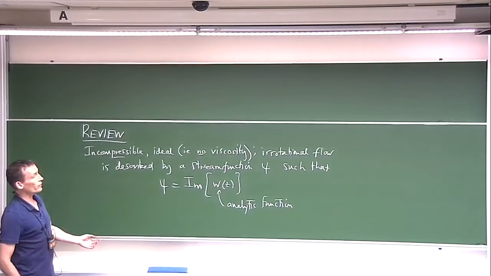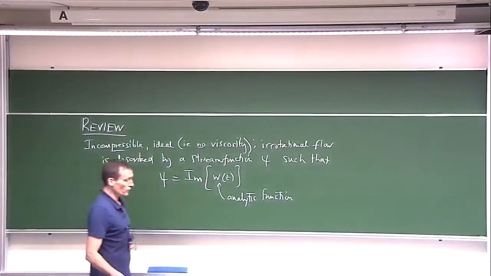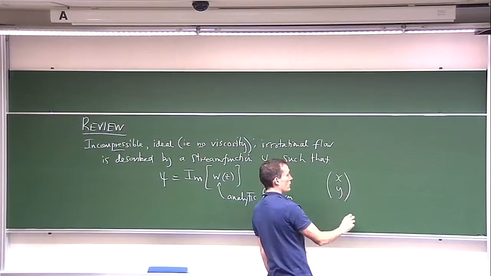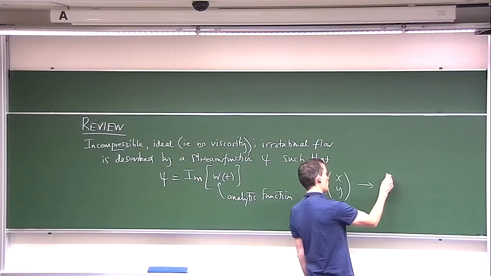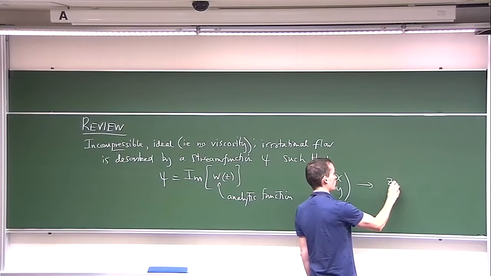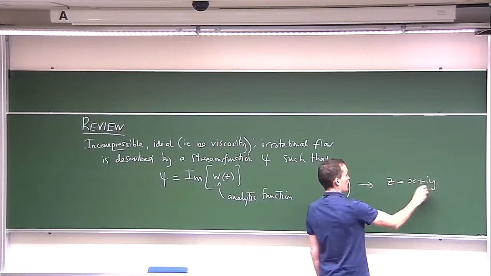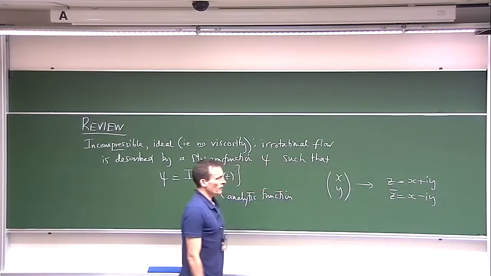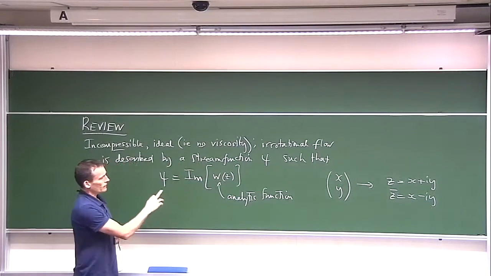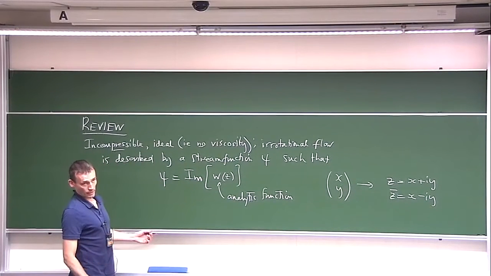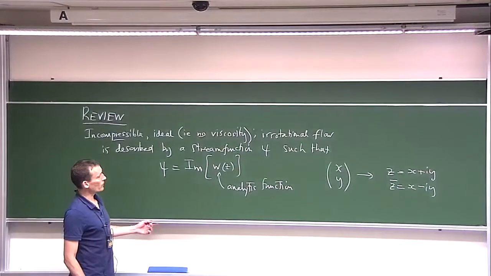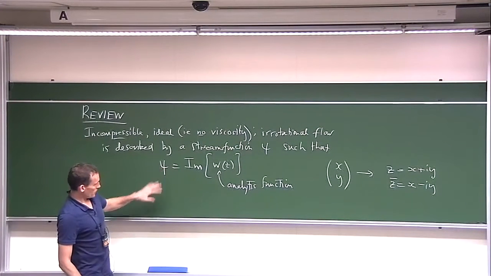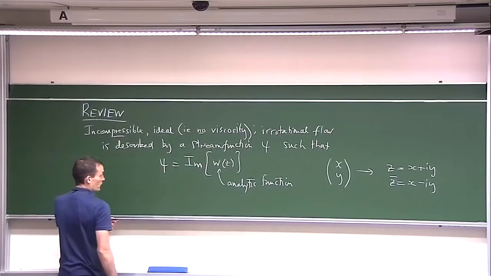Simply as one that doesn't depend on... If you think of moving from an XY Cartesian system to just the same place, but a different description in terms of the two conformal, complex variables z and z bar, then an analytic function is one that does not depend on z bar. Okay. So that's what we did last time. We saw that the stream function is the imaginary part of the analytic function.